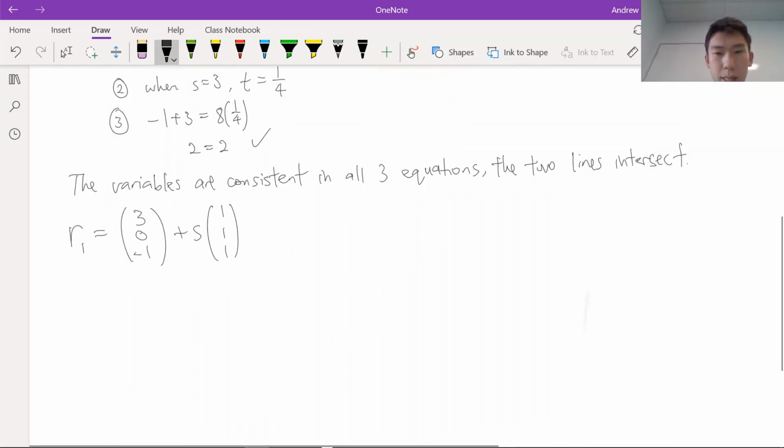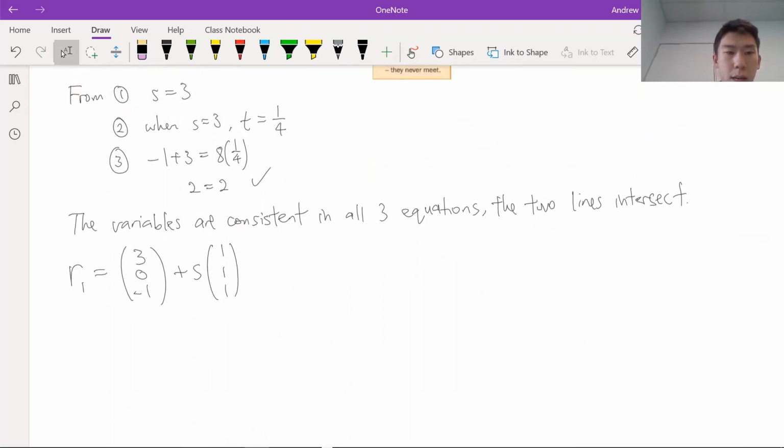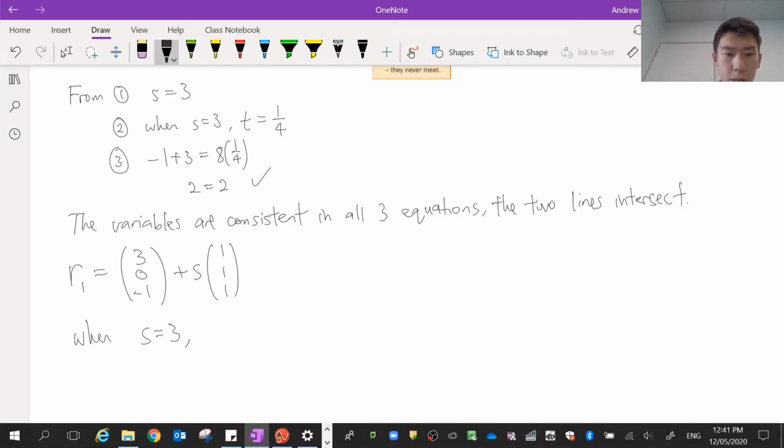So the point of intersection would therefore be when s equals 3. So when s equals 3, R1 equals, maybe I just say point of intersection.